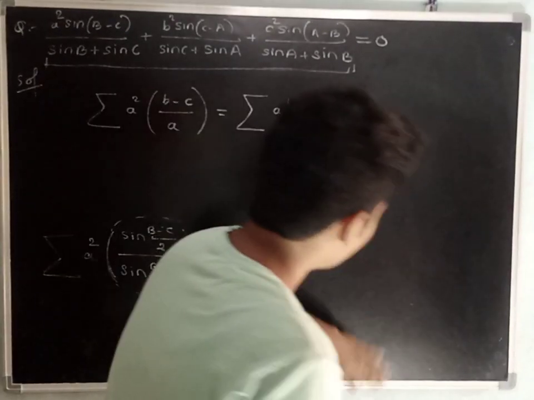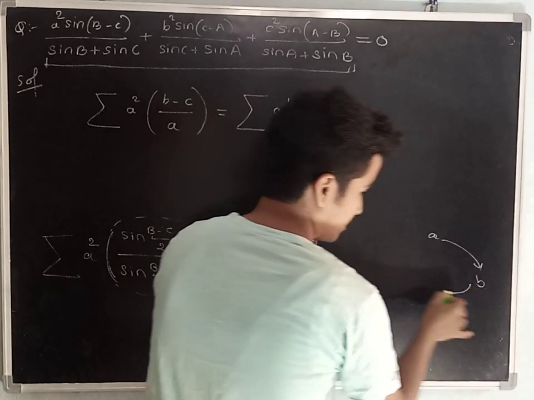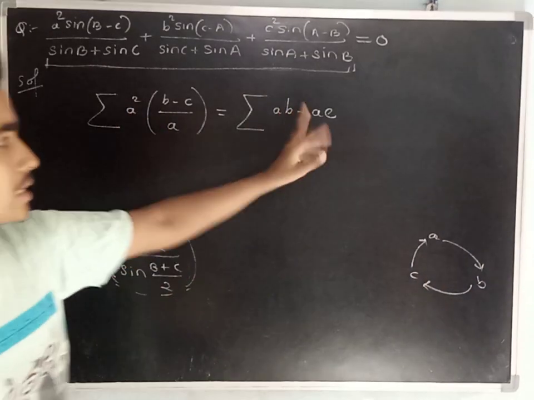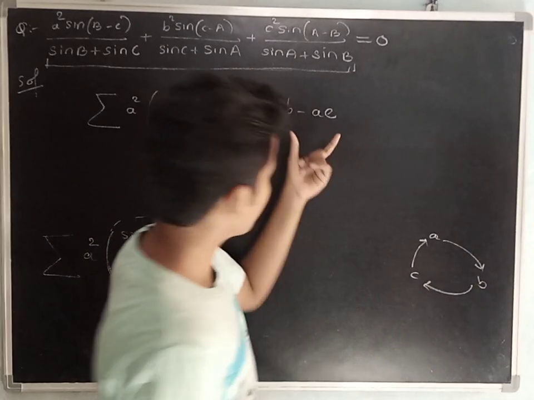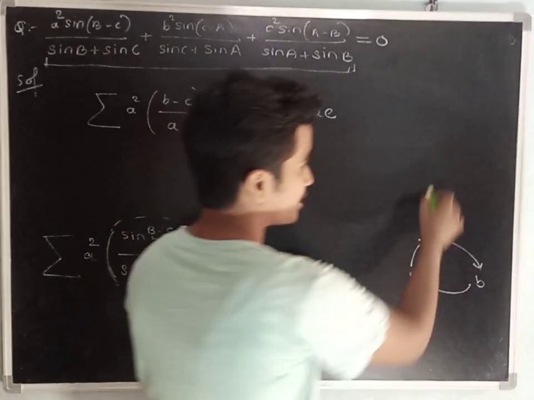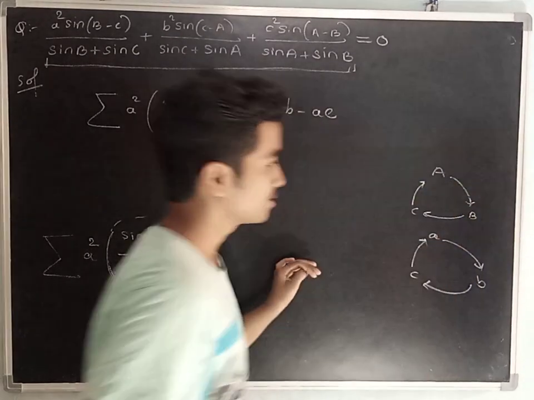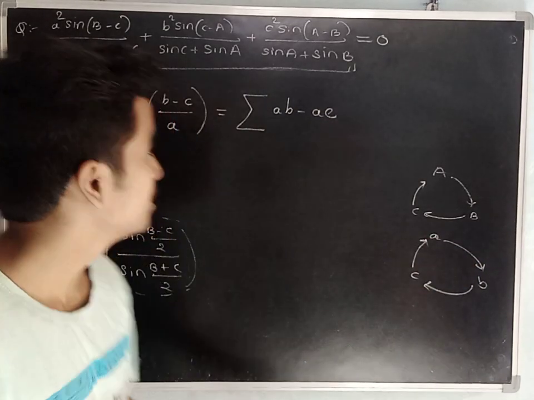Here a to b, b to c, c to a. Whenever we get the notation form, we need to remember this: if there are sides like this, and if there are angles, then like this. Here we have given sides, so we need to use this.